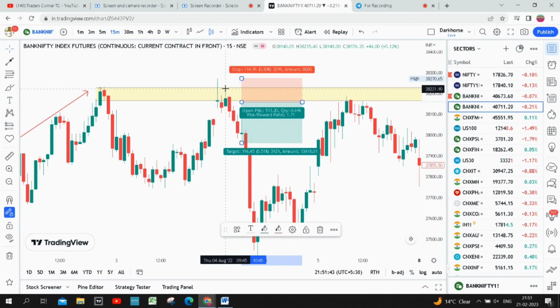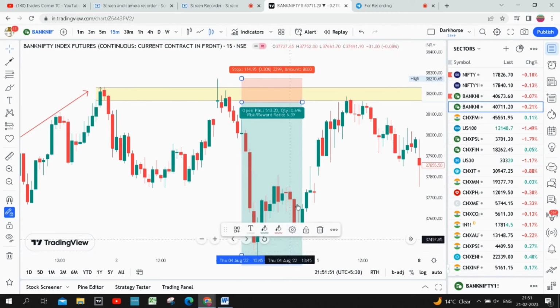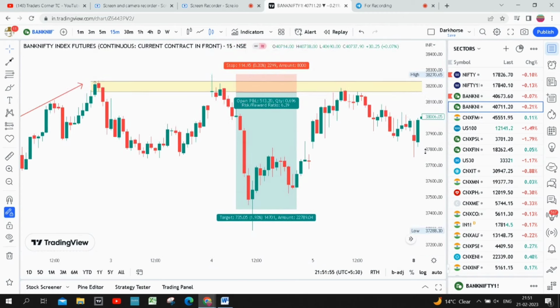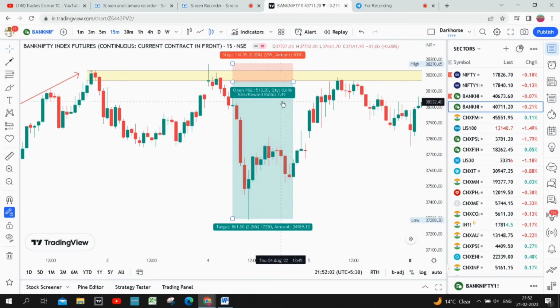Since the wick is above the zone, we need to keep the stop loss above the wick only, not above the zone. So for a risk of 114 points, the reward achieved is 735, or overall almost 861 points, which is nothing but 1:7.